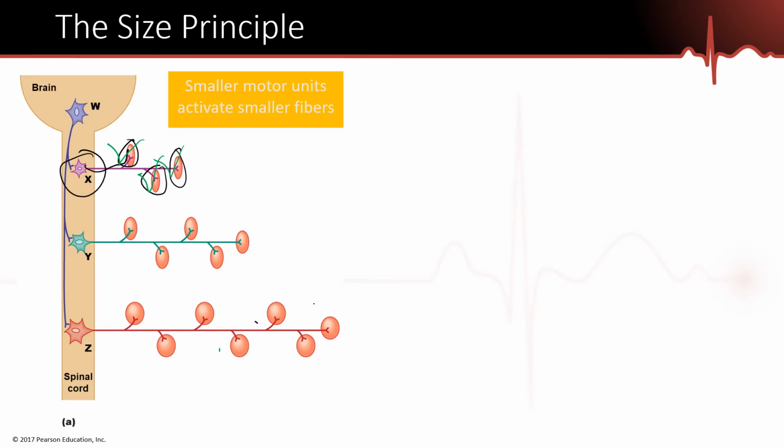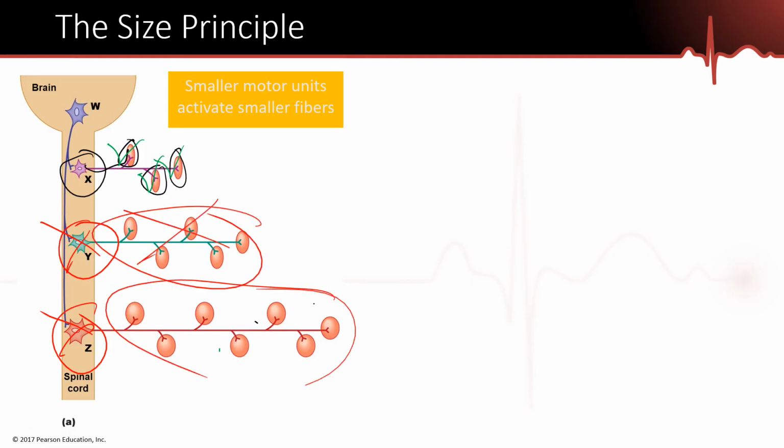Now, since alpha motor neuron Y and alpha motor neuron Z did not get to threshold and thus didn't generate action potentials, none of these fibers will contract. So all you're going to get, in this example, are these 3 small, slow twitch muscle fibers to contract.